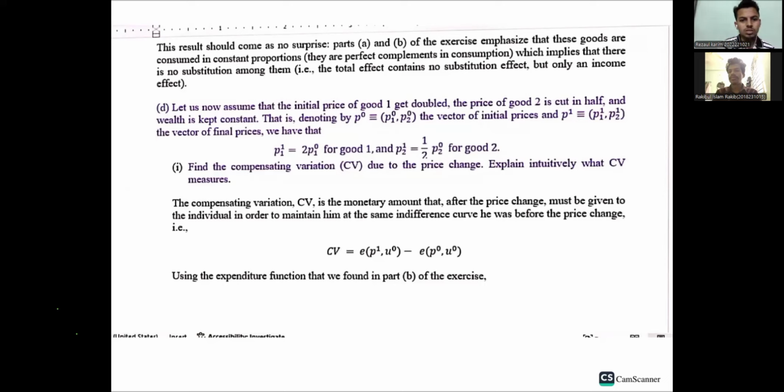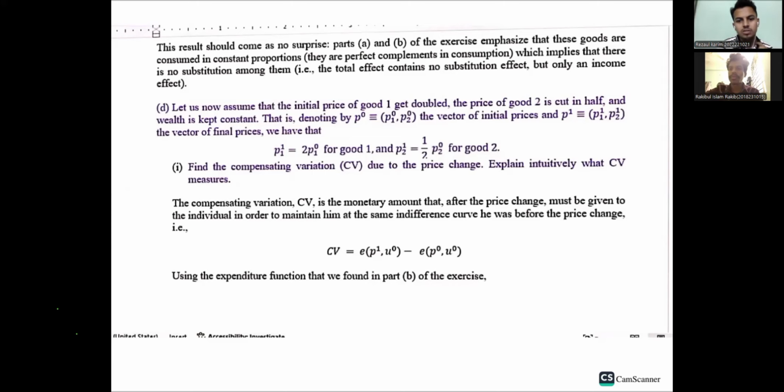The solution: CV is the monetary amount that, after the price change, must be given to the individual in order to maintain him on the same indifference curve as he was before the price change. The equation is CV equals e(p1, u0) minus e(p0, u0).